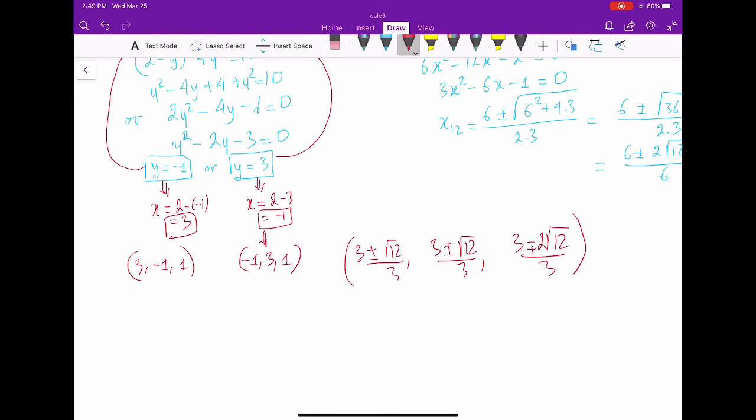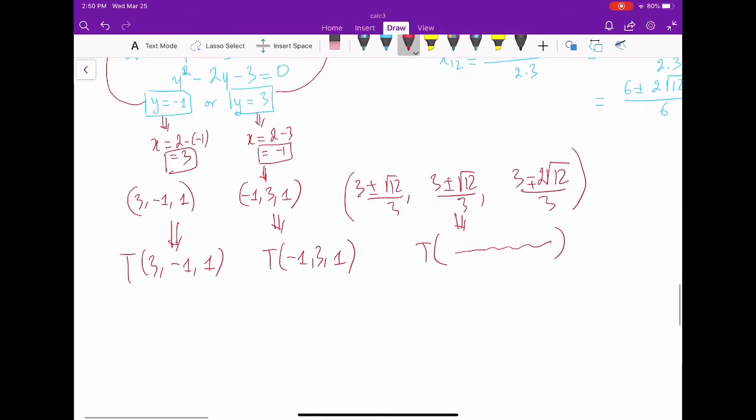You see, and from here I need to find f of 3, negative 1. No, not f, a t. And from here I get t of negative 1, 3, and 1. And from here I get t of those values.